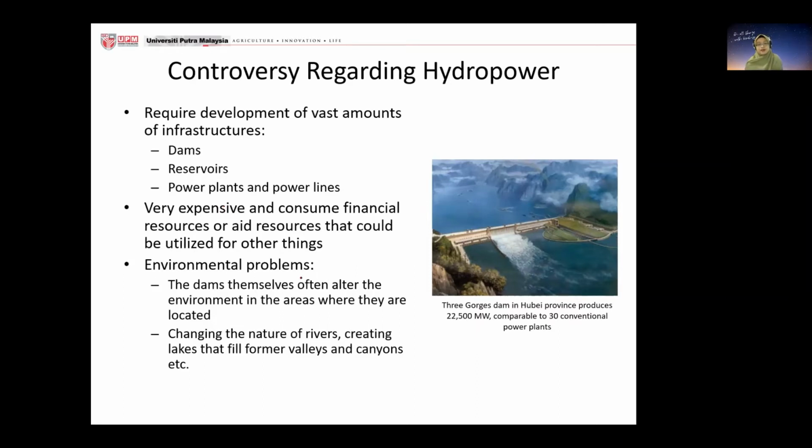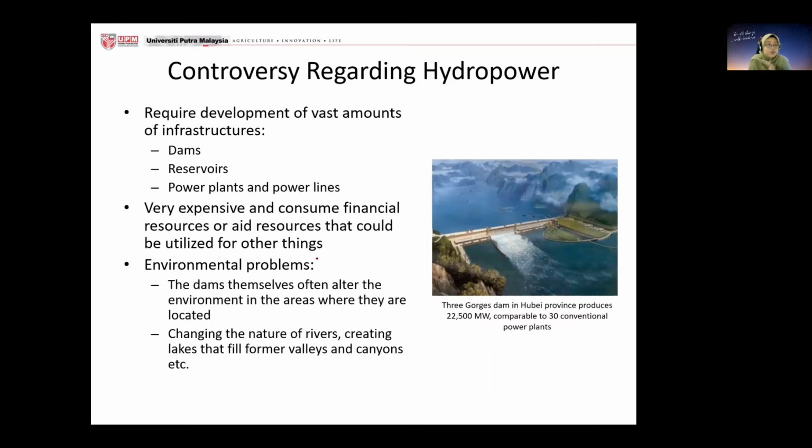So these are very, very expensive. That's one thing, economically it's very expensive. But the second most important thing is the environmental problems related to this.